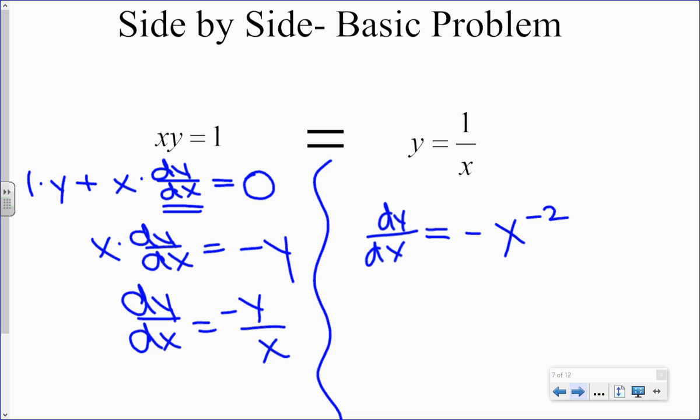Now, we are not only going to use implicit differentiation for y functions written in terms of x, okay? We could see some t's, we could see some r's, we could see some s's, we could see any variable under the sun, okay?